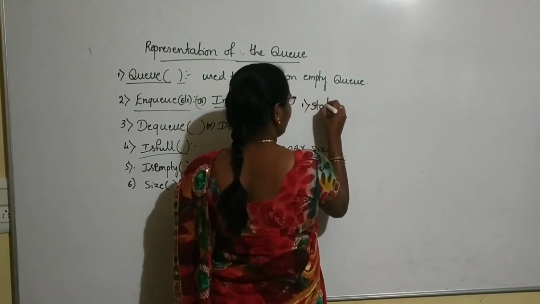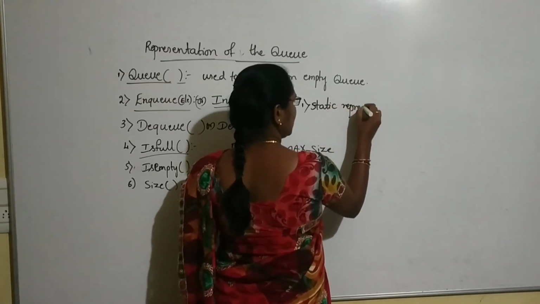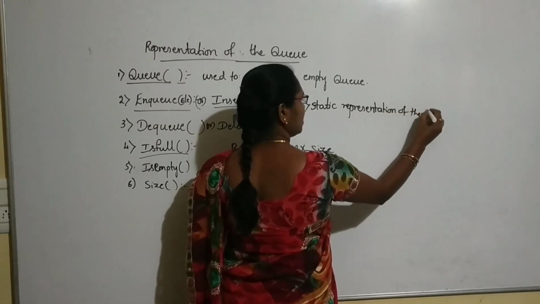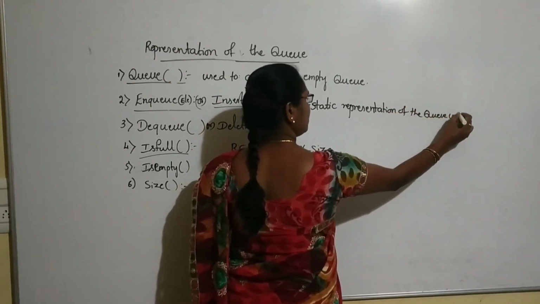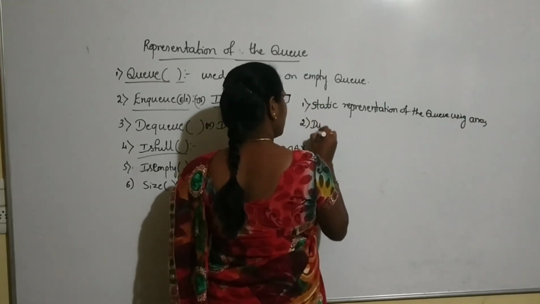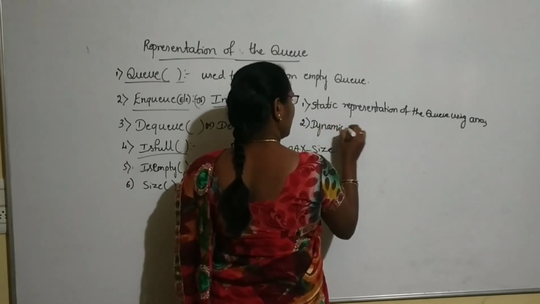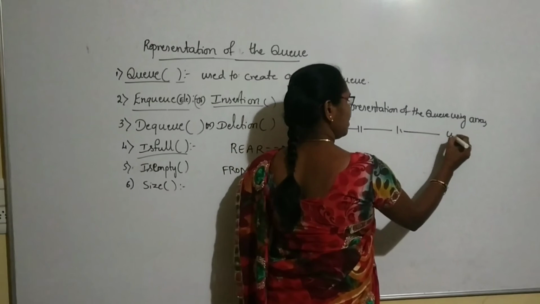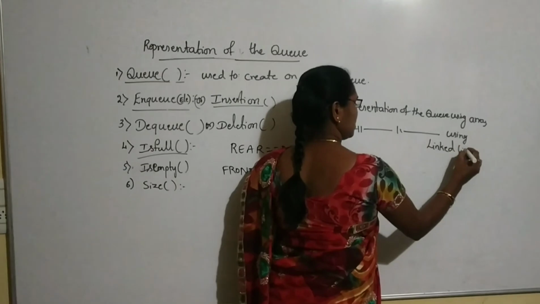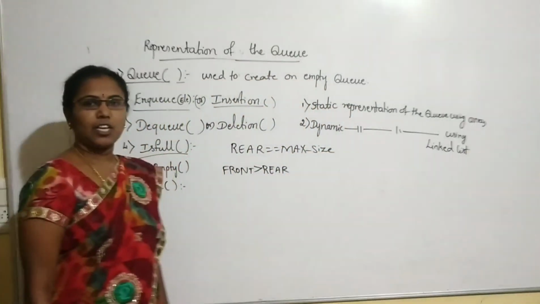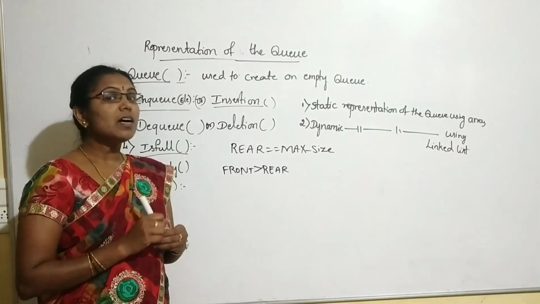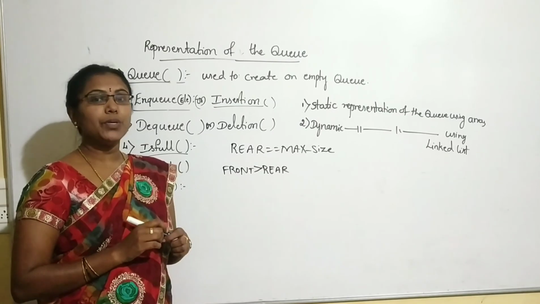Number one, static representation of the queue using an array.